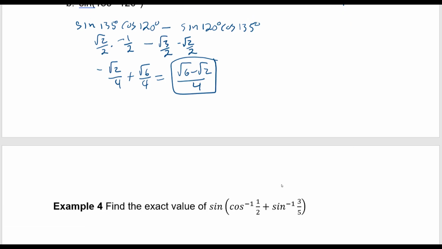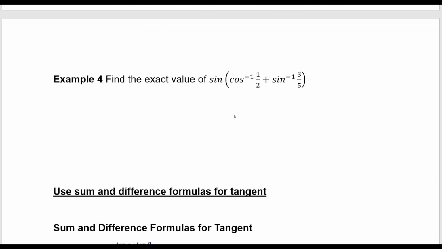This next one's kind of fun. Find the exact value of sine of cosine inverse of 1/2 plus sine inverse of 3/5. So just to put it in perspective, why don't I call this alpha?